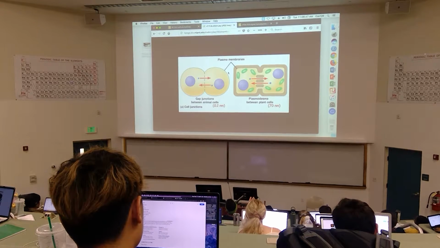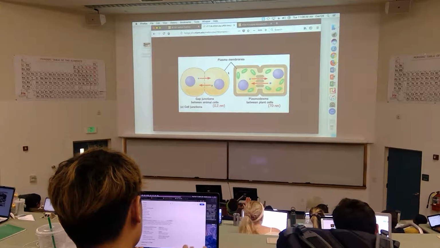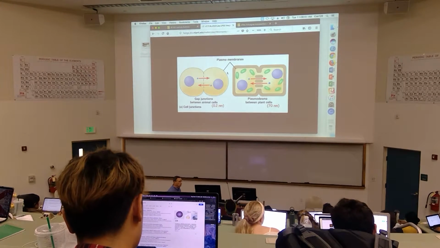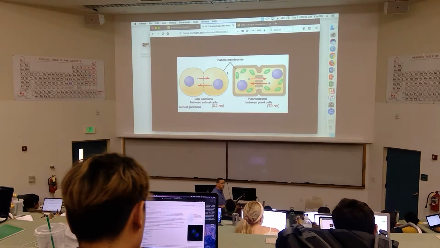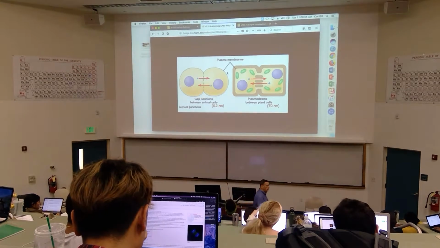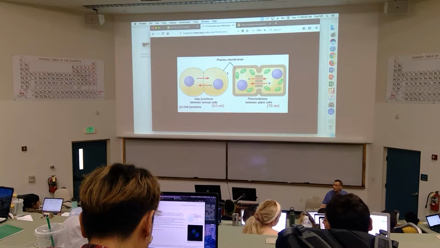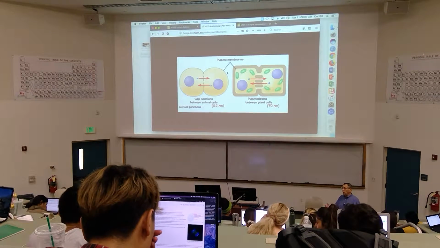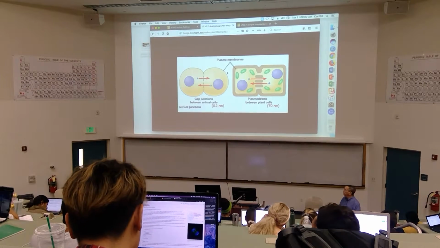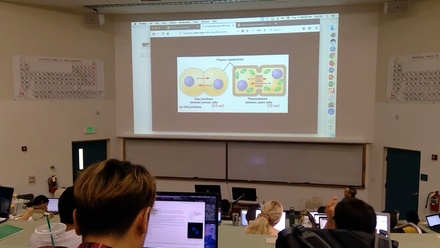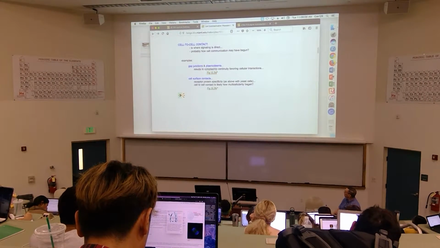They can literally pass organelles about the size of a ribosome, and maybe even something a little bit larger, some small mitochondria, from one cell to another. It's not the signal transduction pathway, but it is a way in which you can exchange material between cells. So it is a communicative mechanism between the two.